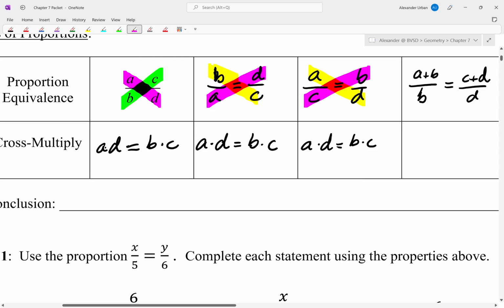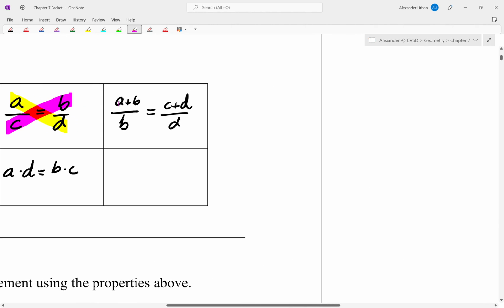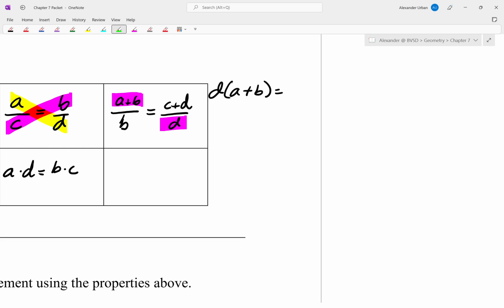Boom. Okay, the last one is a little trickier. We're going to have to do a little bit more work, so I'm going to do it on the side. I'm going to have (A plus B) times D, and I'm going to write that over here. A plus B times D. And you can see that I rewrote it as distribution because A plus B is a single number. That being said, I now have B times (C plus D).